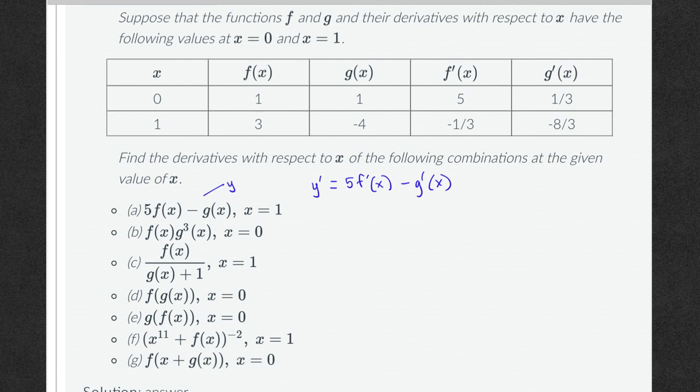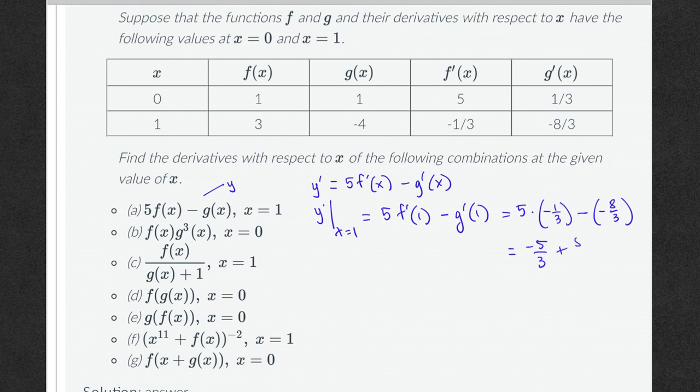And then y prime evaluated at x equals 1 is 5 times f prime of 1 minus g prime of 1. 5 times f prime of 1 from the table is negative 1/3 minus g prime of 1 is negative 8/3. And so this is negative 5/3 plus 8/3, which is 3/3 or 1.